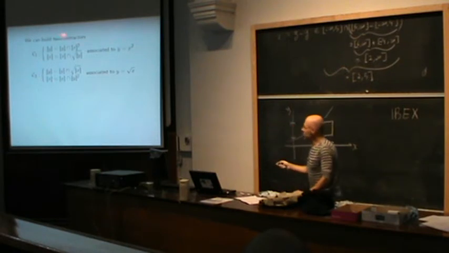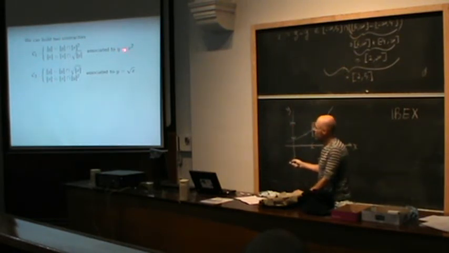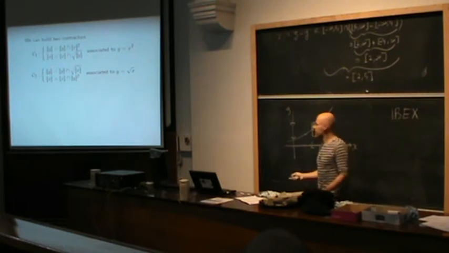The first contractor, given here, is associated to this equation. This contractor is associated to this equation. So I will replace these two equations by two contractors. Now I will forget the equations. I will only deal with the contractors.